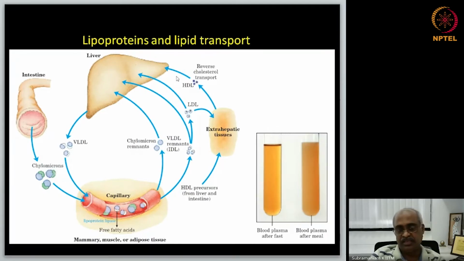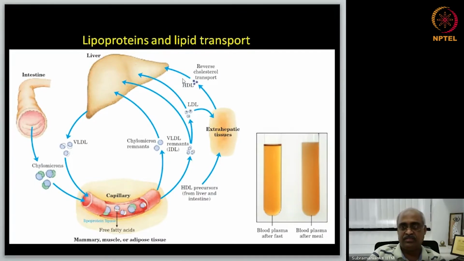High HDL means high availability of vehicles to carry off any excess cholesterol that may be there. High LDL means you have excess cholesterol loaded, and that is why the LDL level is high. So a healthy person should have less LDL and more HDL. There are conditions in which these levels are affected, and that we will discuss in today's class.